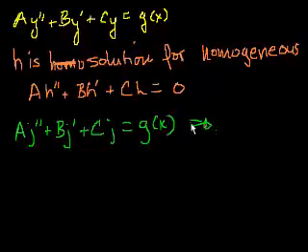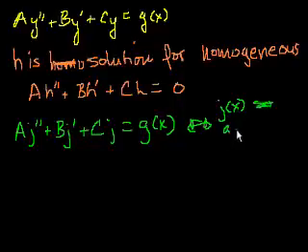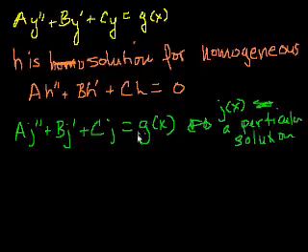So we're just defining J of x to be a particular solution. Now what I want to show you is that J of x plus h of x is also going to be a solution to this original equation, and that it's the general solution for this non-homogeneous equation.